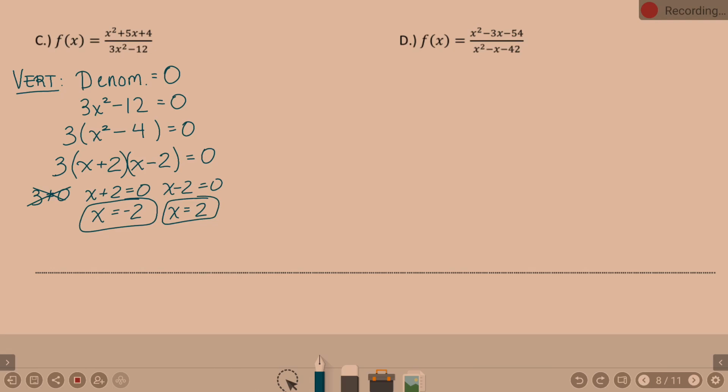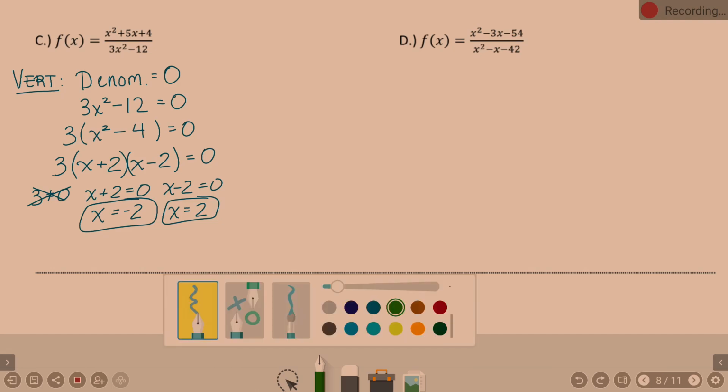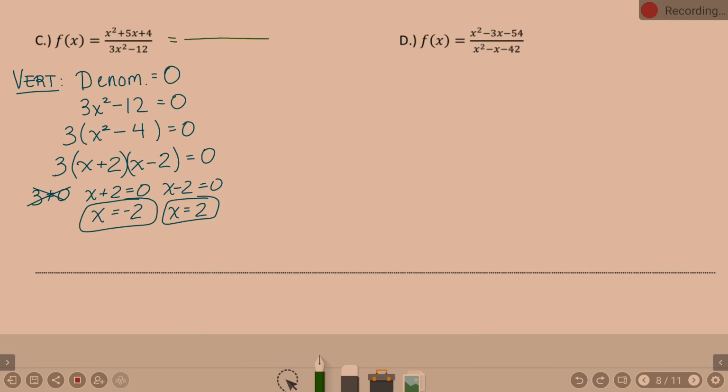Now, real quick, before we go down to horizontal asymptotes. This is a good example to look at. My other two haven't been ones that would factor. My numerators haven't factored. This numerator factors. And that's kind of an important thing to be aware of. What do we already see that 3x squared minus 12 factors into?